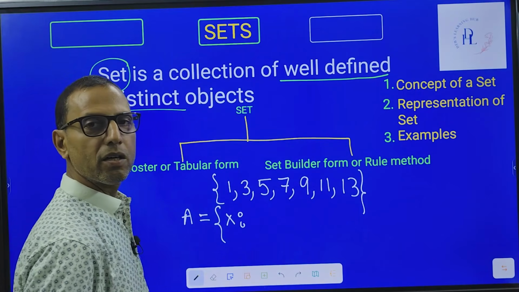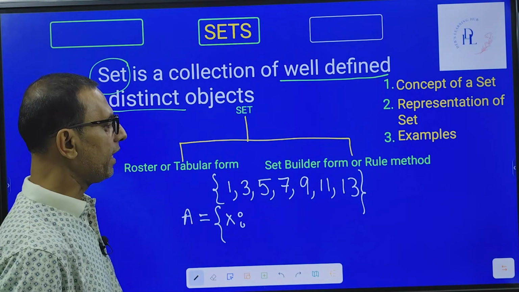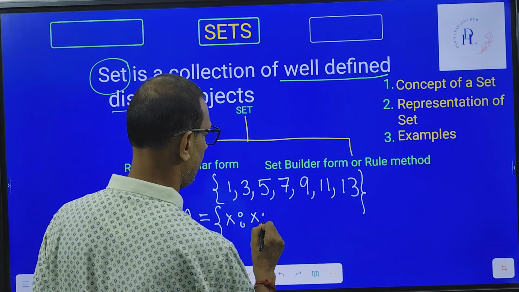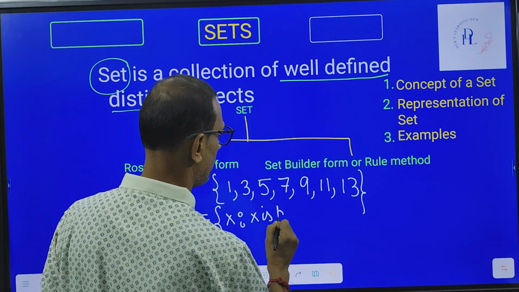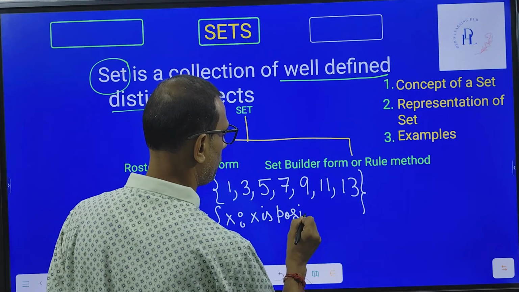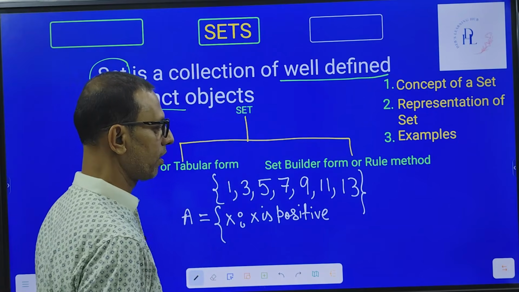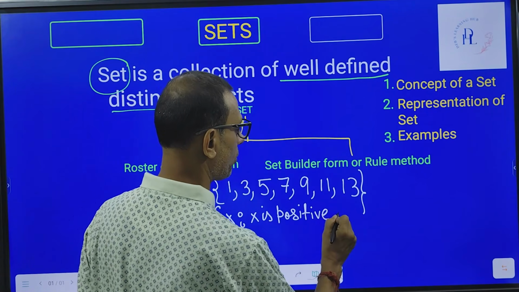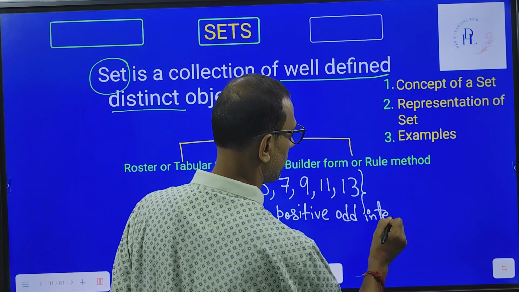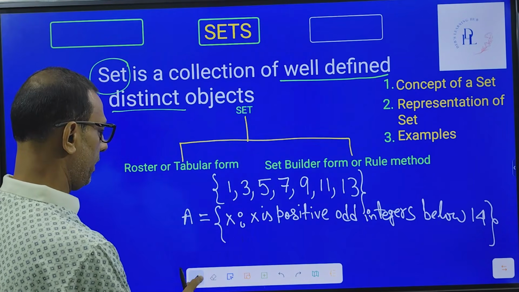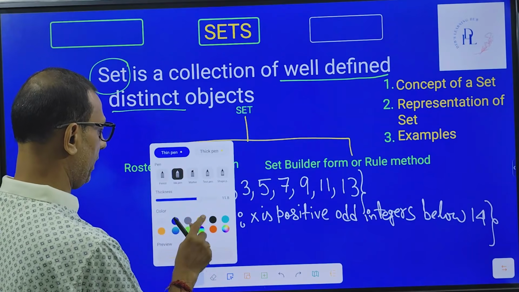all the positive odd integers below 14. x is positive odd integers. So it is in the form of set builder form.